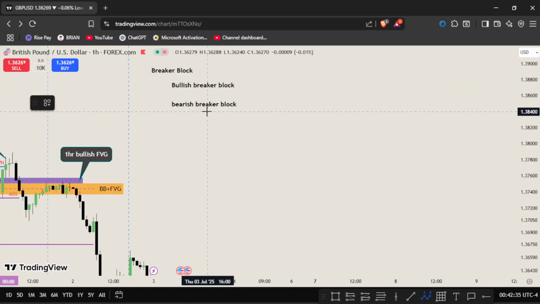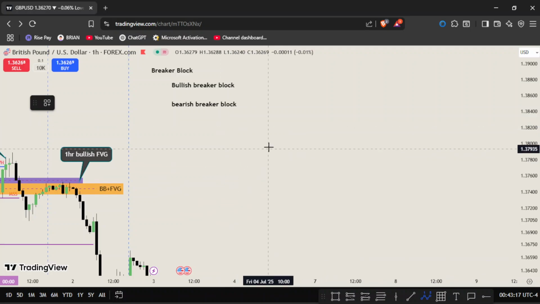A breaker block is the candle that initiates a sweep of liquidity at a key level, making a new lower low, and after making a new lower low, it forms a new higher high.